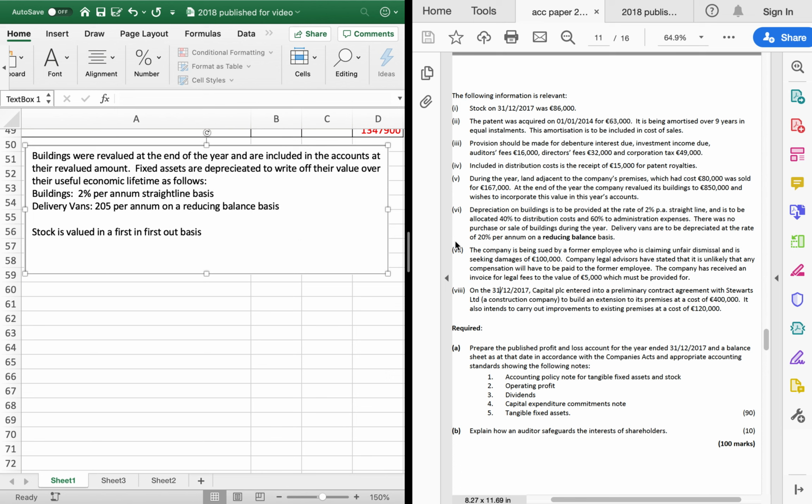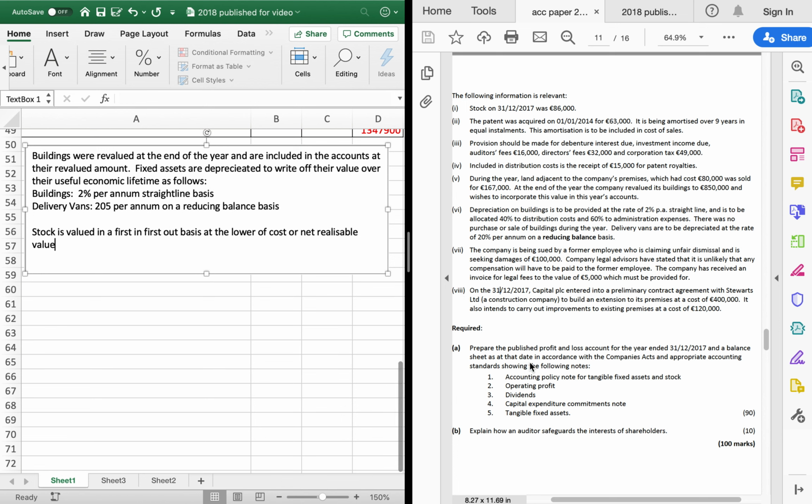And the rule around stock is that you value it at the lower of cost or net realizable value. Now we know that ourselves from doing question one, where you take away the cost price and add back on the damaged cost of the stock. That's why you do that. So that's working one.